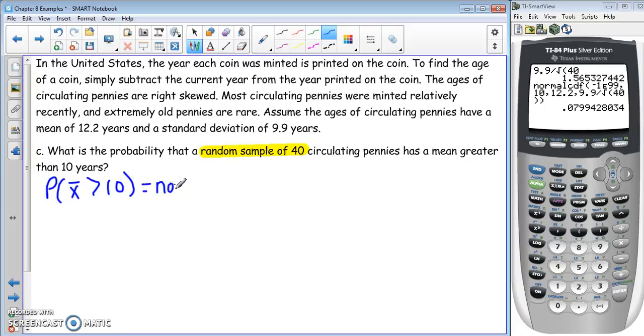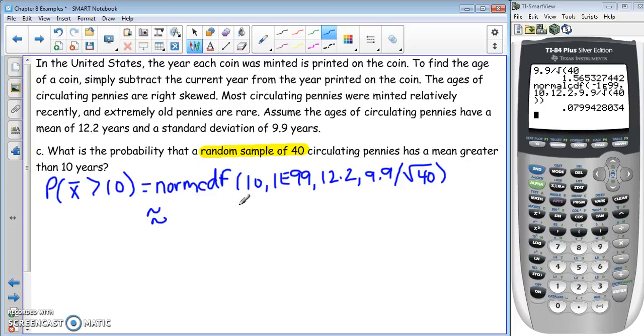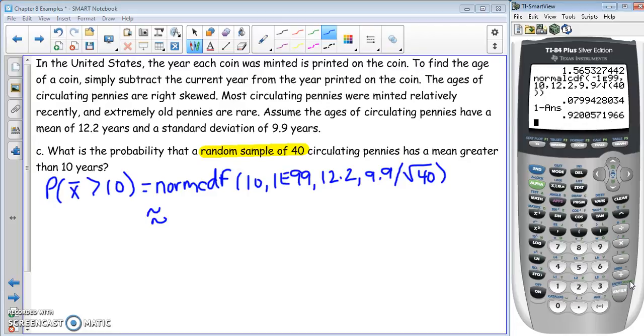We would do normal CDF, 10, comma 1E99, our mean of 12.2, and then our standard deviation of the population divided by the square root of our sample size, since we're working with a sampling distribution. I'm also going to do 1 minus the answer, which is the complement, and then let's actually do it using the normal CDF.